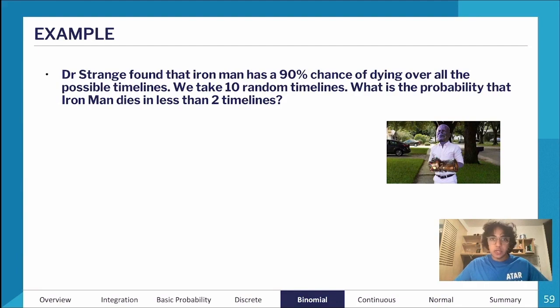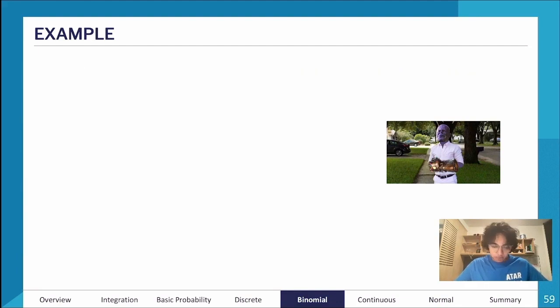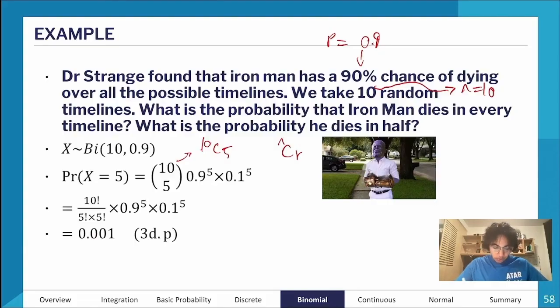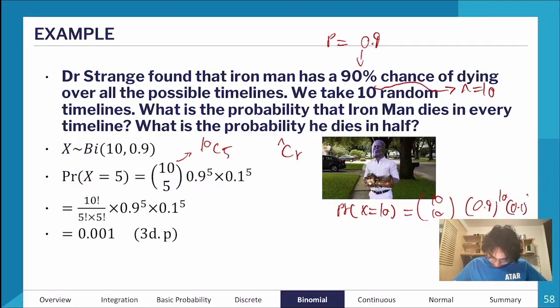Now let's go to a new question. We take 10 random timelines. What is the probability that Iron Man dies in every timeline? In this case, you do the probability of X is equal to 10, right? So 10 choose 10 times 0.9 to the power 10. And here it's 0.1 to the power 10 minus 10, which just cancels out, right?